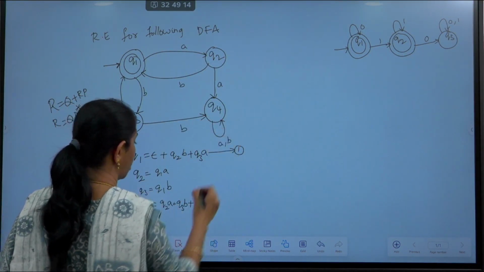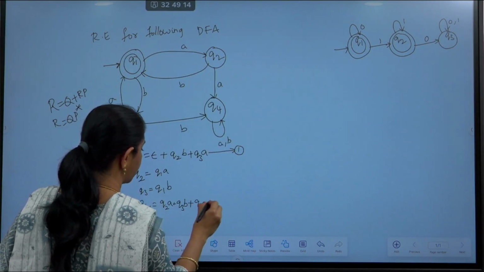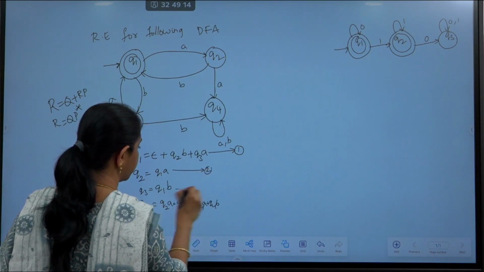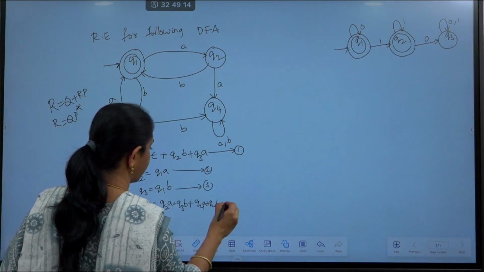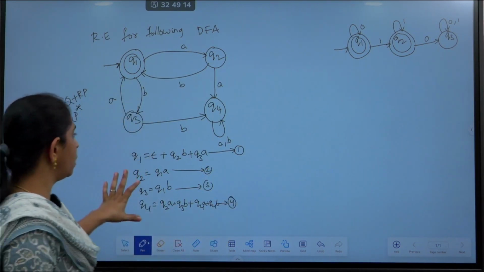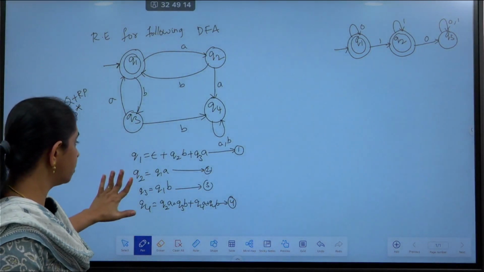And Q4 has two edges, A and B, so Q4A plus Q4B. Write the equation numbers. Now we have written all the equations for Q1, Q2, Q3, Q4 based on the incoming edges.